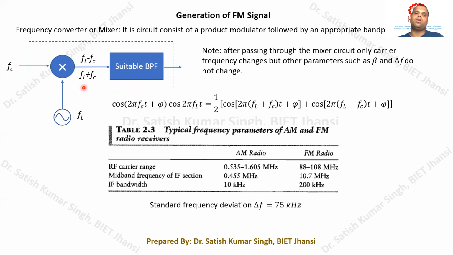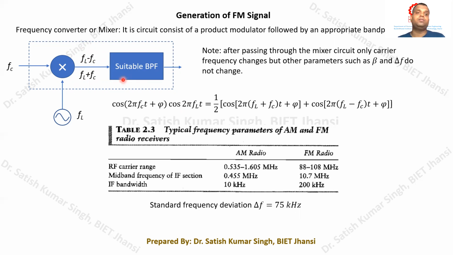Then we have to suitably design a band pass filter to choose one of the frequency components. We can design the band pass filter to select only the fL minus fc component, or to select the fL plus fc component. It depends completely on our requirement.